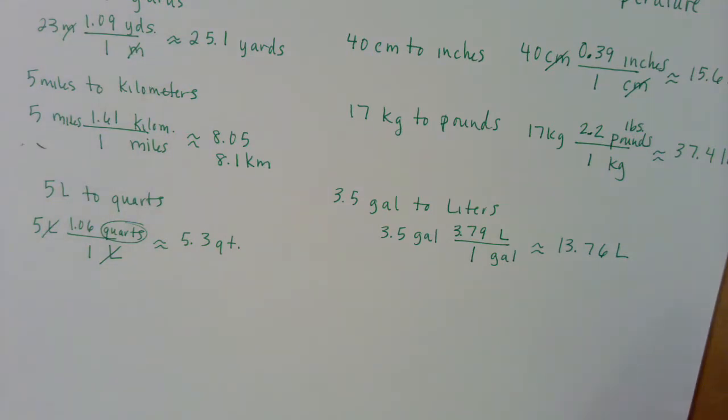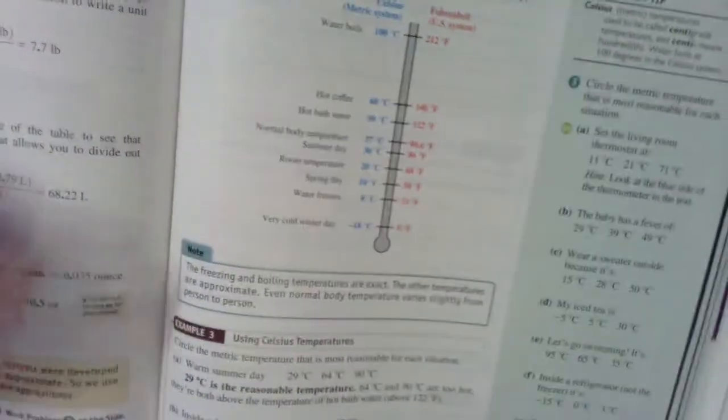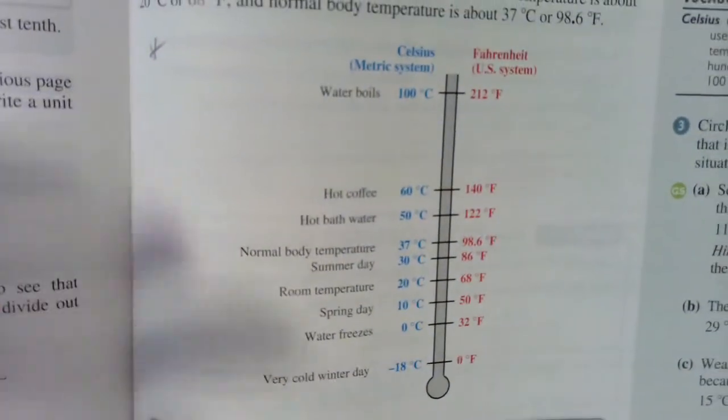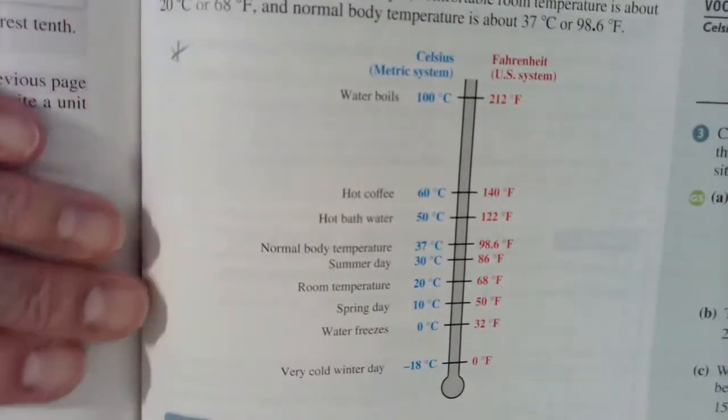Okay, now I want you to look at this chart, and here's another one you might take a picture of or write down, but this is a chart that kind of compares temperature.